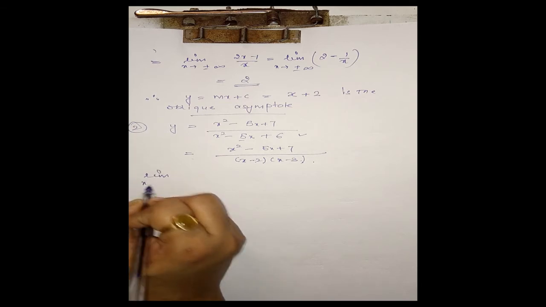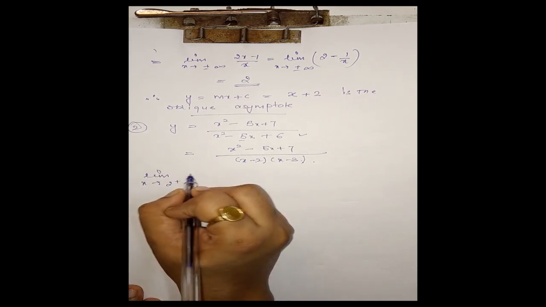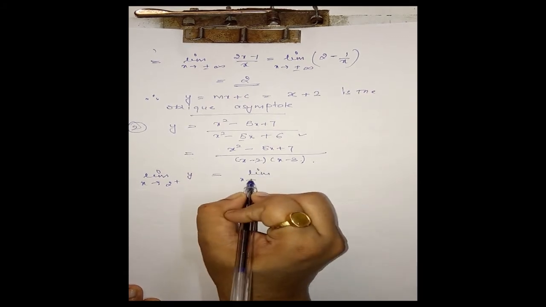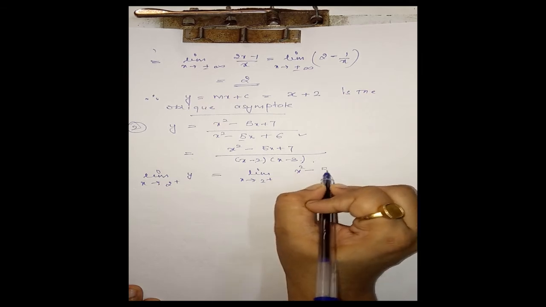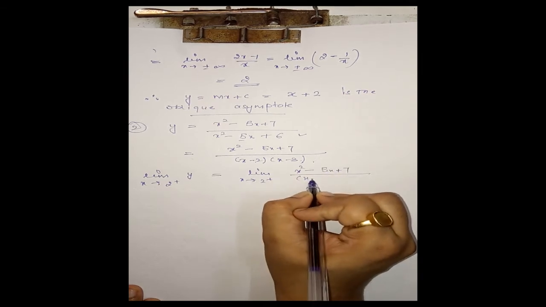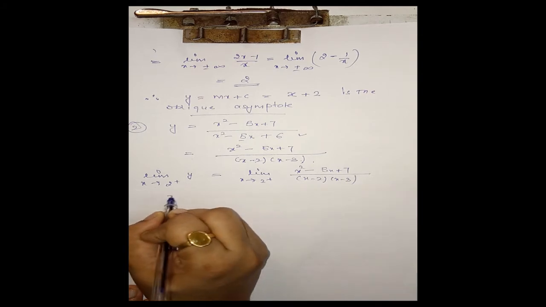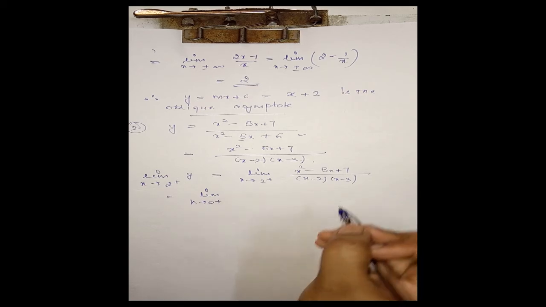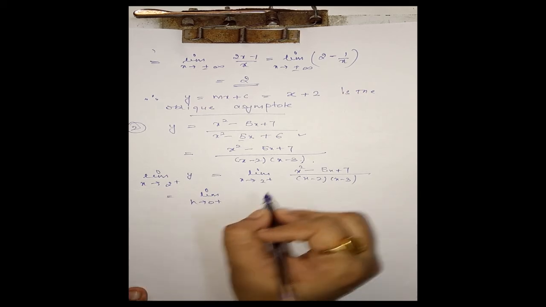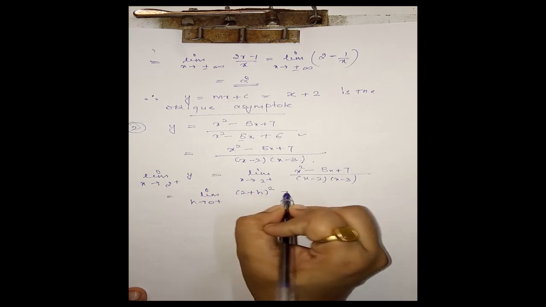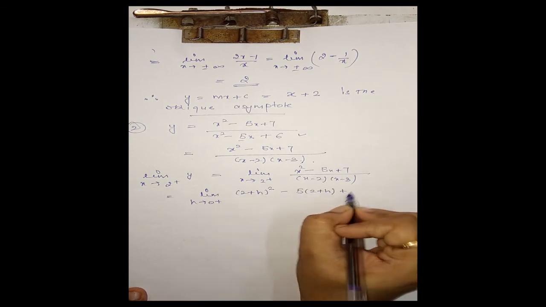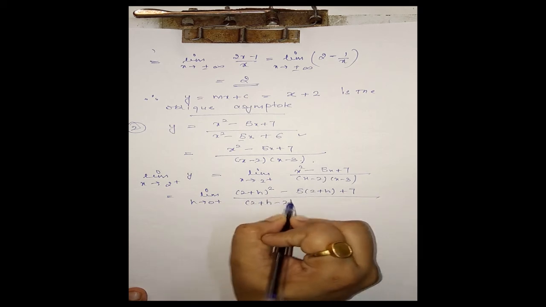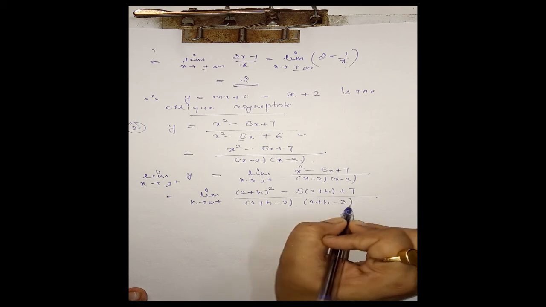On taking limit x tending to 2 plus, y is equal to limit x tending to 2 plus (x square minus 5x plus 7) upon (x minus 2)(x minus 3). Okay, take h tending to 0 plus, with x to be 2 plus h. This will be (2 plus h) whole square minus 5(2 plus h) plus 7 upon (2 plus h minus 2)(2 plus h minus 3).